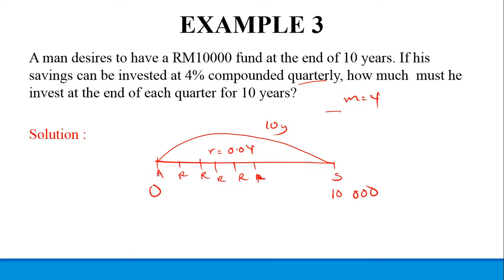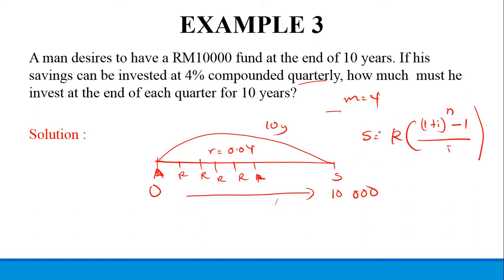A is 0, so you want to find the S. You already get the S, but you don't get the R. So what you will do, you know the formula, S equal to R[(1 plus I) power of N minus 1] divided by I. R you don't know, I you can find: I equal to R divided by M, which is 0.04 divided by 4, which is 0.01.